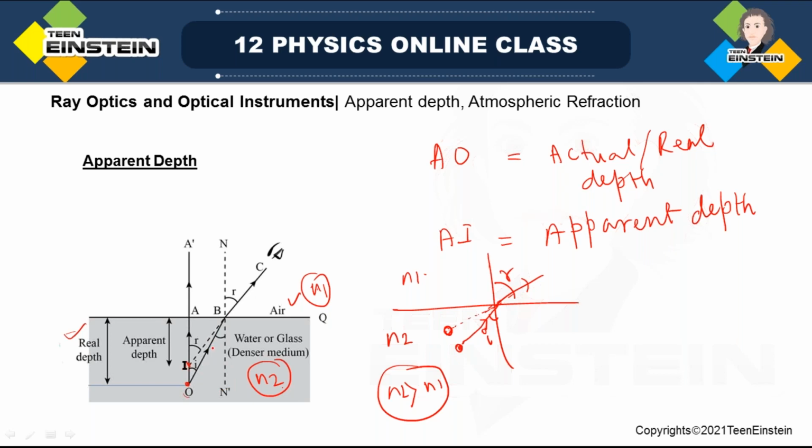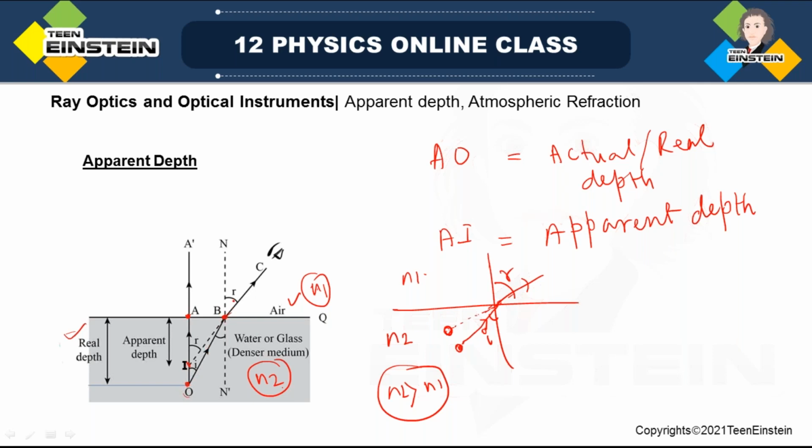Because of this refraction at the interface, suppose there are two rays. One is directly refracting through point A on the surface. Another ray is incident at point B, and it is refracted; BC is the refracted ray, and the incident ray is OB.